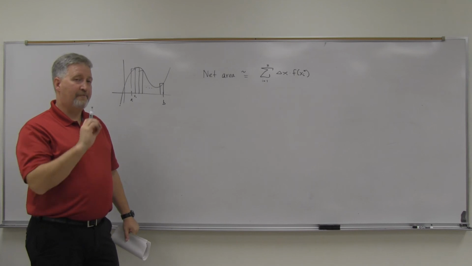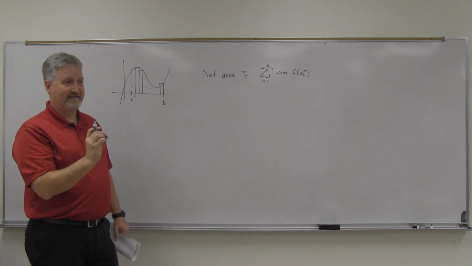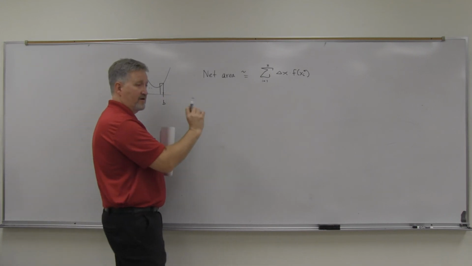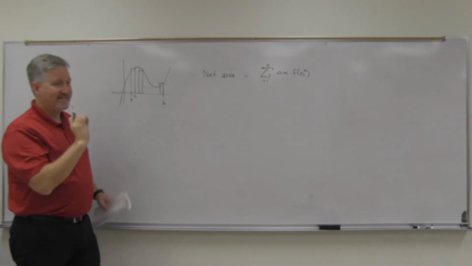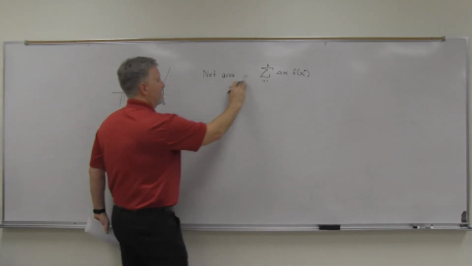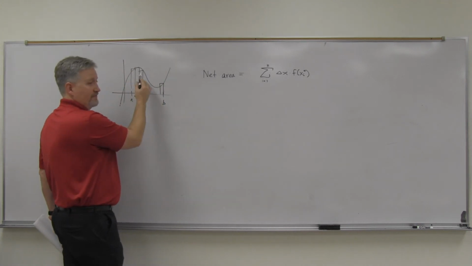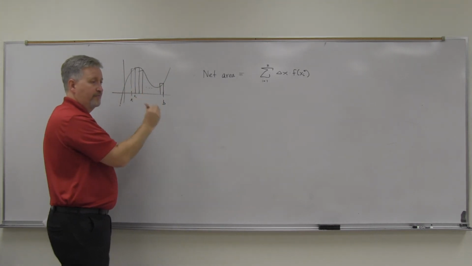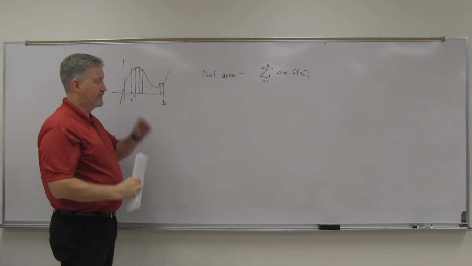What I want to talk about now, though, is getting it more precisely. I want not an approximation, but a precise, exact area. If you just use rectangles, you're always going to have a little bit of overage or underage on each rectangle.